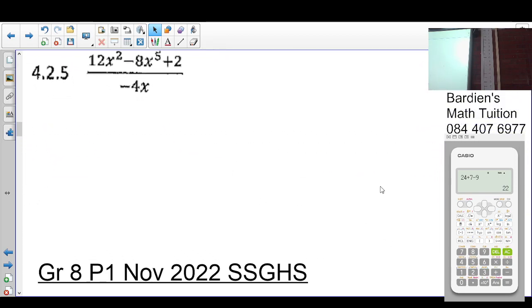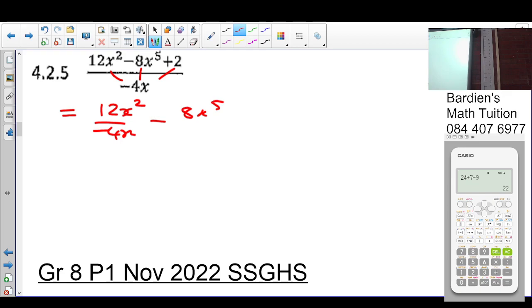4.2.5. So people, you can simplify it straight away, but what I always do is I break up first. There's going to be 12x squared over negative 4x, minus 8x to the 5 over negative 4x, plus 2 over negative 4x. What is positive divided by a negative?